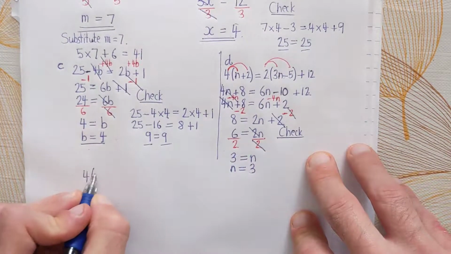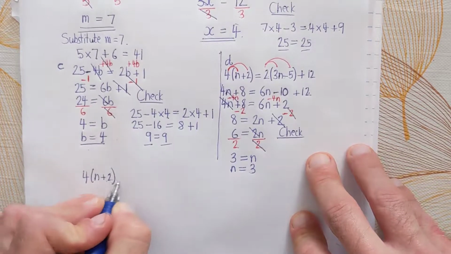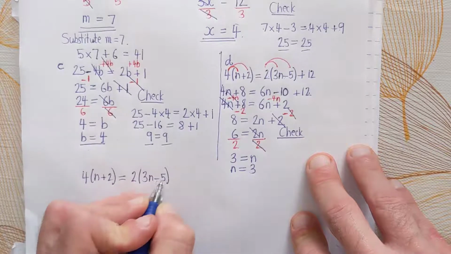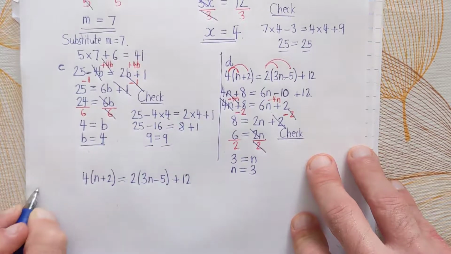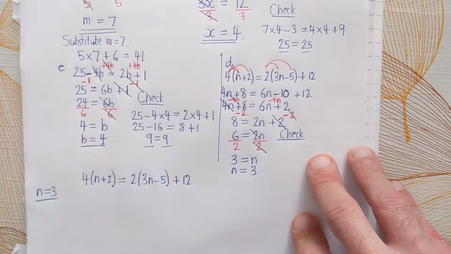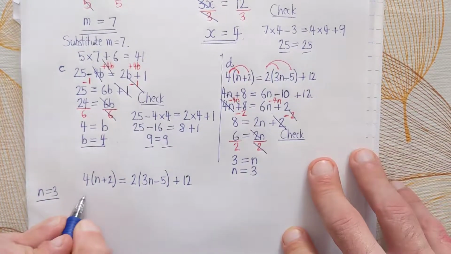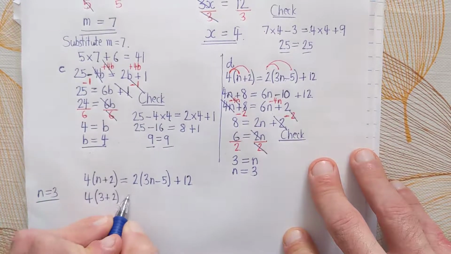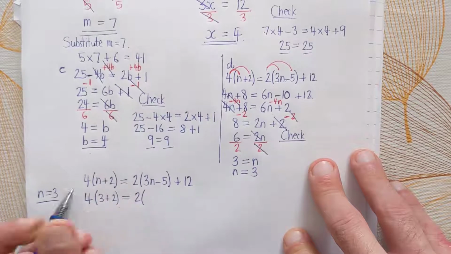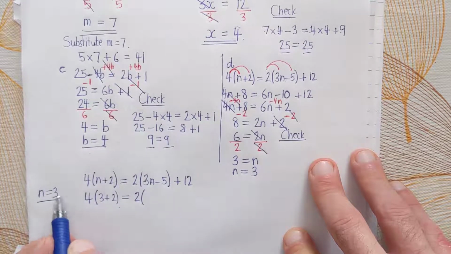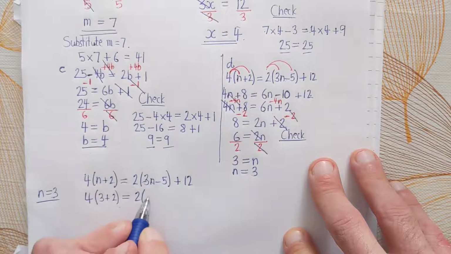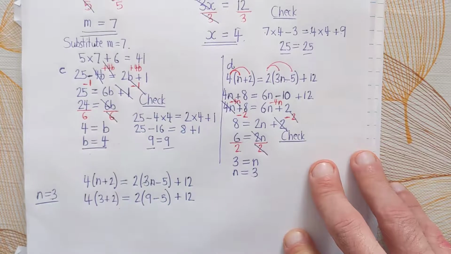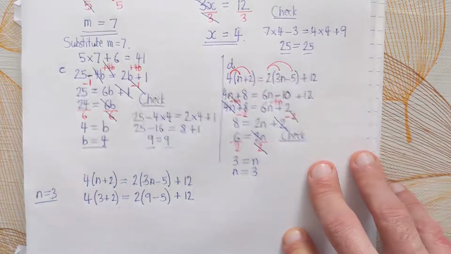The equation is 4, and then in brackets n plus 2 equals 2, and then in brackets 3n minus 5 plus 12. And we're substituting n equals 3 into it. So 4, and then in brackets 3 plus 2, equals 2, and then in brackets 3n, but n is 3, so 3 times 3 is 9, minus 5 plus 12. Remember, we have to do brackets first when we substitute.